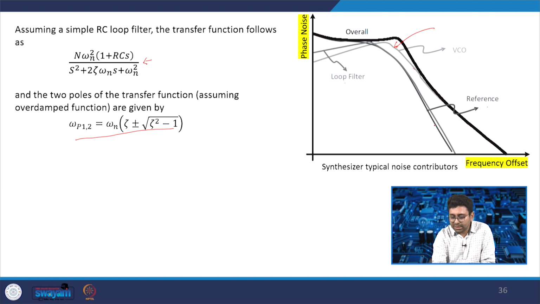And the reference has a phase noise that dominates at low frequency offset, and you can see this is the reference which is dominating the phase noise, and after that the VCO will dominate. So, this is the VCO noise, and this black curve is the overall phase noise with the frequency offset. So, this is about the integer and fractional-N synthesizer.